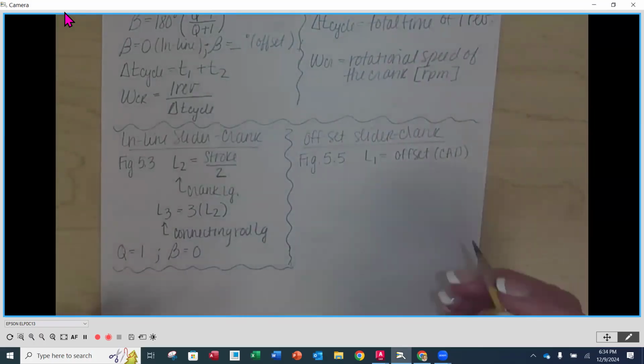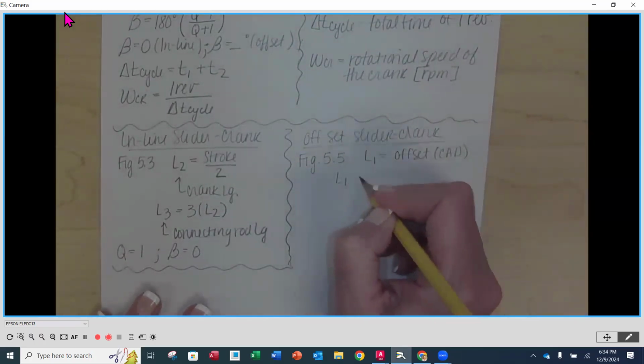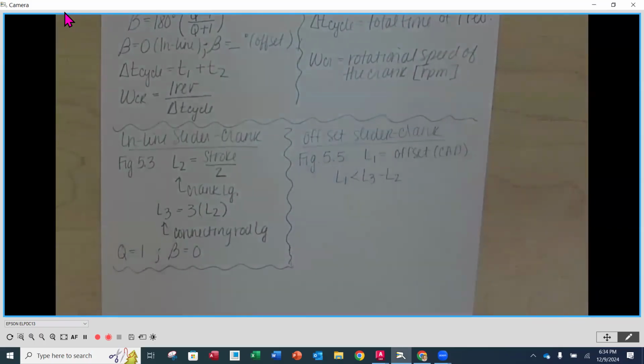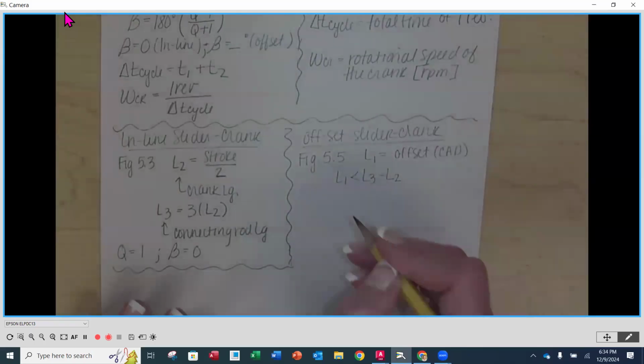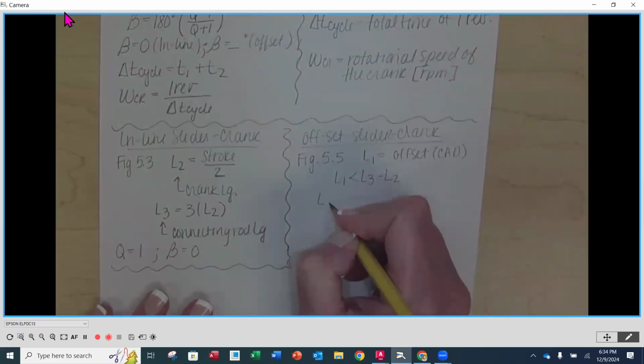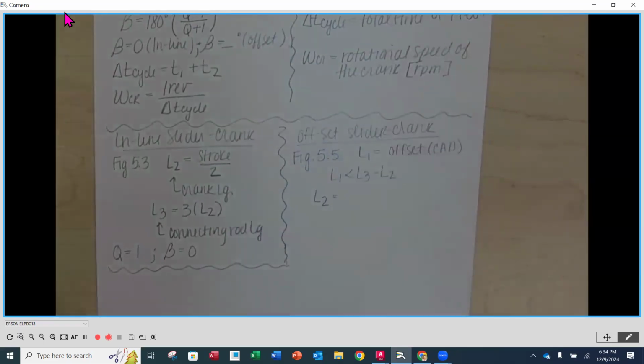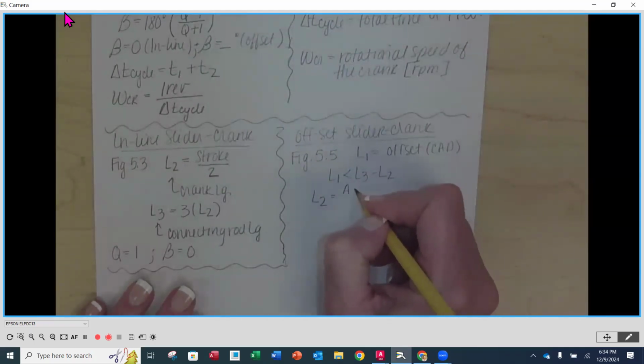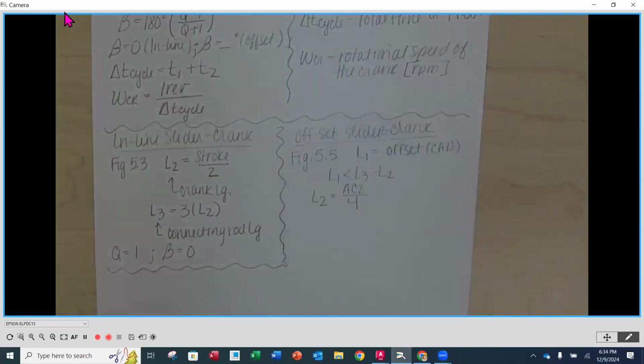Okay. Now we're going to find that L1 is going to be a value less than L3 minus L2. But we're going to see how we actually generate this in CAD, but that's going to be a relationship. We're also going to find the distance for L2, which is going to be the length of the crank. We're going to take the length of line AC2 and divide that by 4.